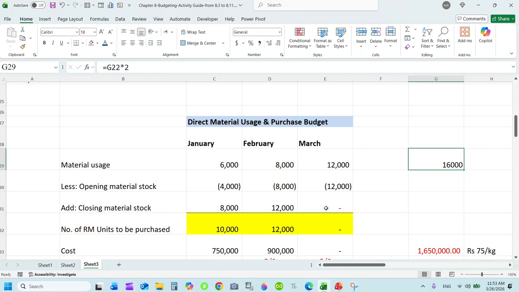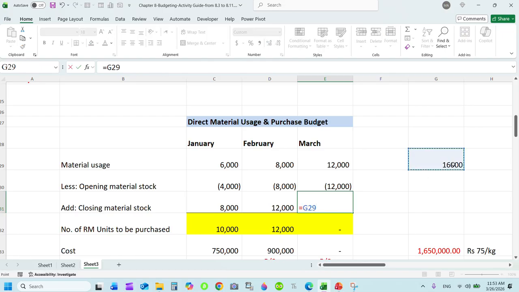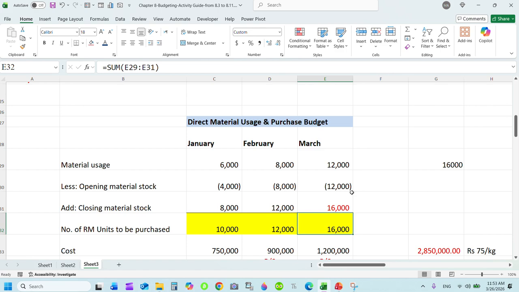Closing stock requirement means sufficient for this amount. So accordingly, our closing stock should be equal to this amount. So the raw material to be purchased for the month of March should be 16,000.